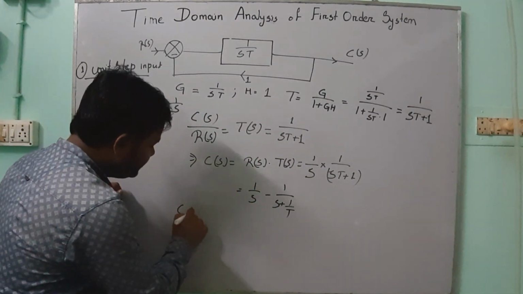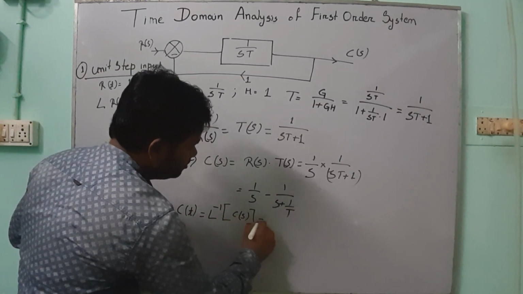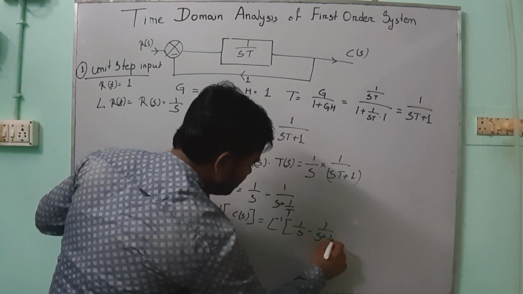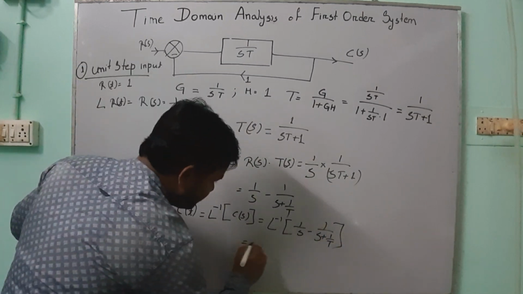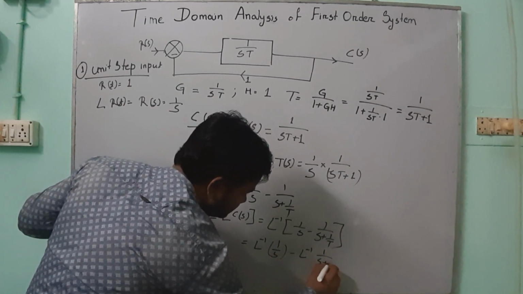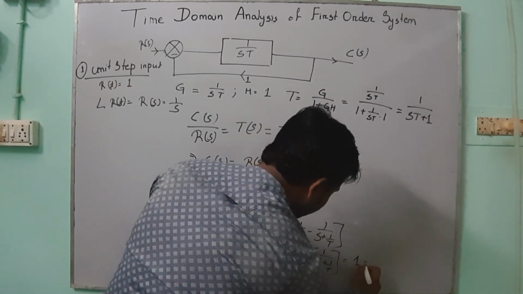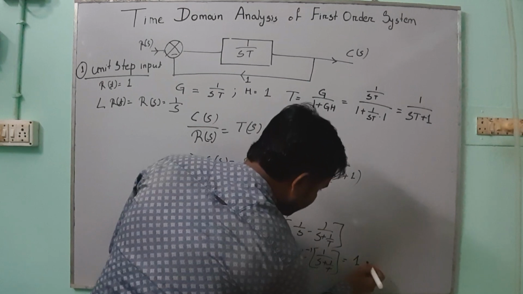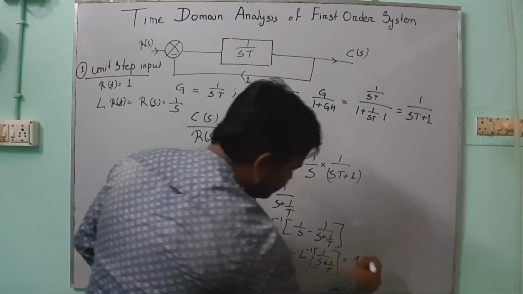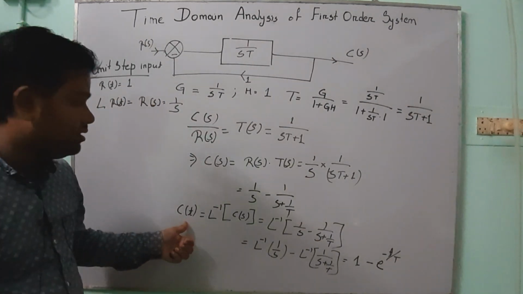C of t is equal to the Laplace inverse of C of s, which is the Laplace inverse of 1 by s minus 1 by s plus 1 by T. That implies Laplace inverse of 1 by s minus Laplace inverse of 1 by s plus 1 by T. Laplace inverse of 1 by s is equal to 1, minus Laplace inverse of 1 by s plus 1 by T, which is e to the power of minus t by capital T. This is C of t.